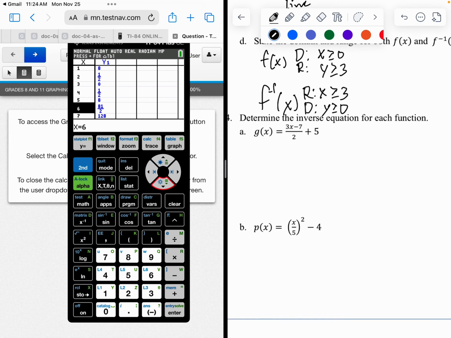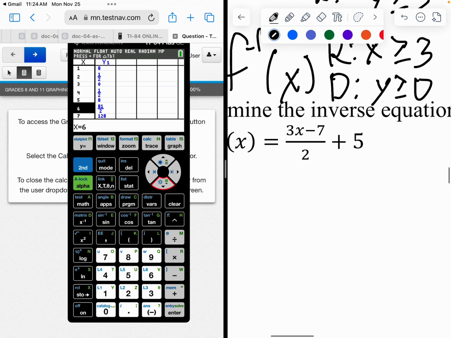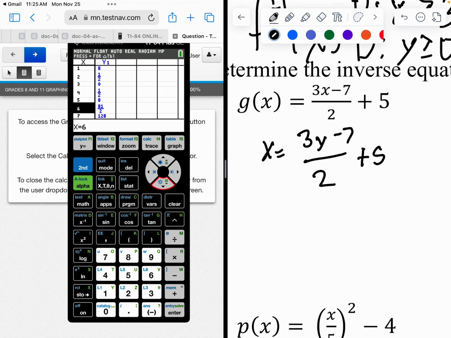Determine the inverse. Alright, so x equals 3y. Now you're going to solve for y.